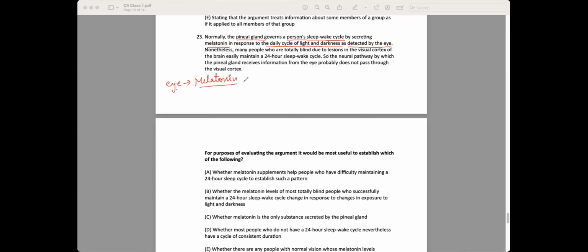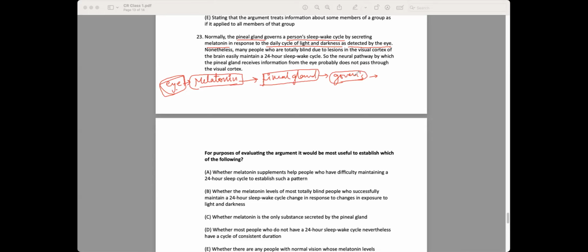Based on that, the pineal gland governs the sleep and wake cycle of the body.